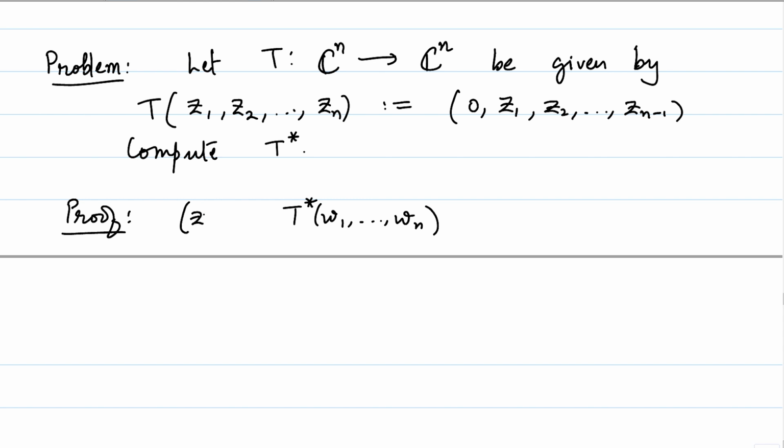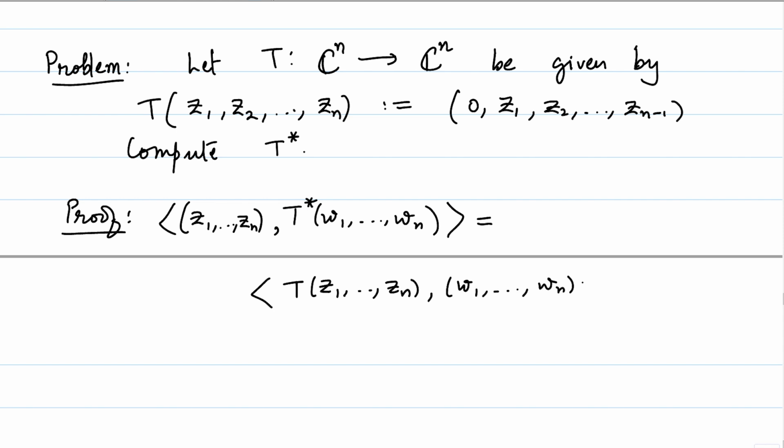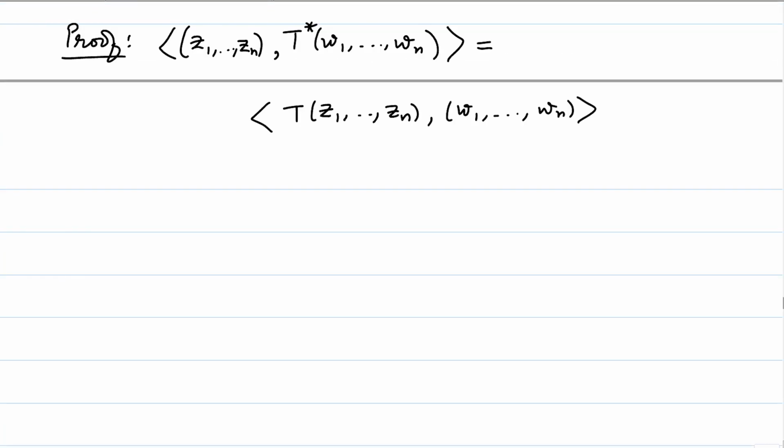So let's see what the inner product of (Z1, Z2, up to Zn) and T star of (W1, W2, up to Wn) is. By definition, this is just equal to the inner product of T of (Z1 to Zn) with (W1 to Wn). But we know explicitly what T is, which is (0, Z1, up to Zn minus 1) with (W1 to Wn).